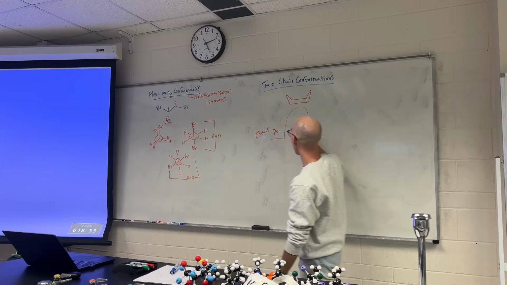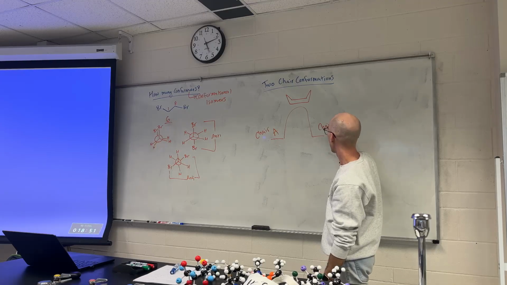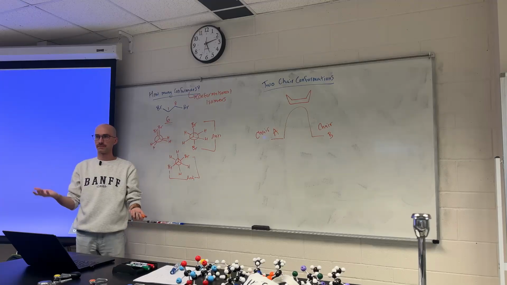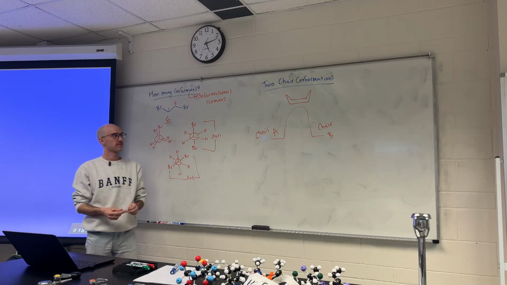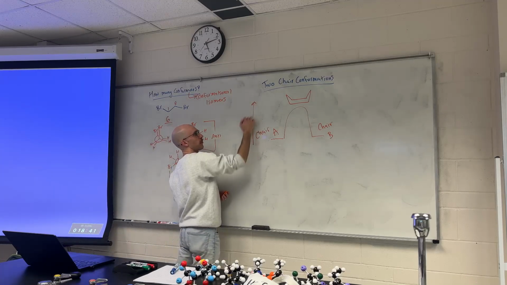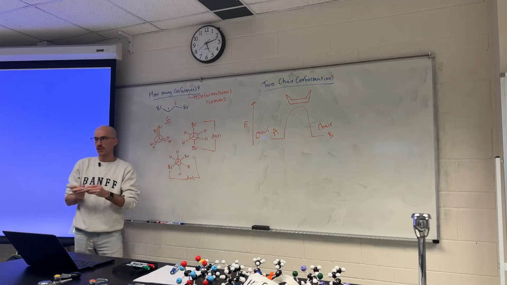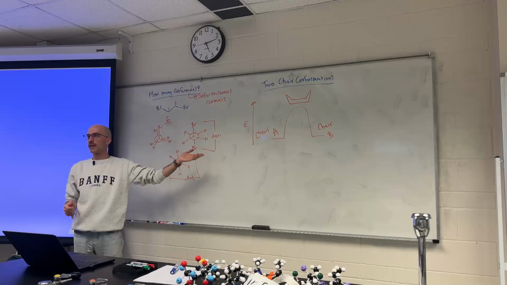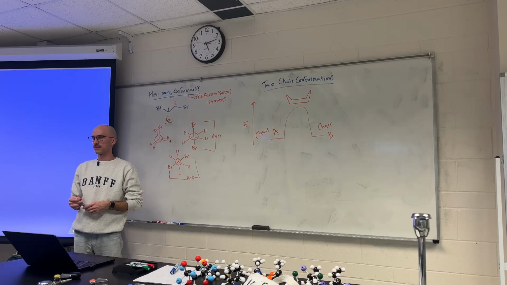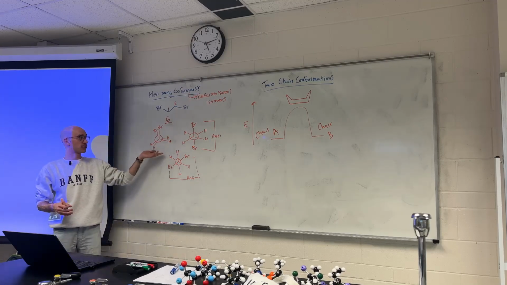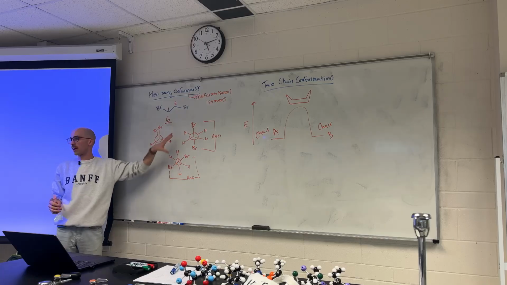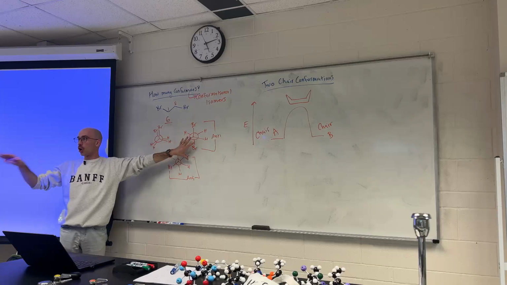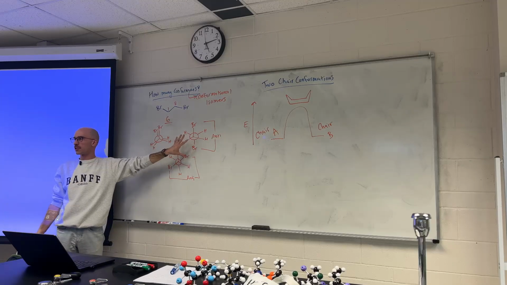We could call this chair A and chair B. And we can have some equilibrium between them. If I'm drawing this with a y-axis of energy, would you agree that this says my 2 chairs are of equal energy? Did we find that was true of all of our other conformations, like staggered were all of equal energy, eclipsed were all of equal energy?